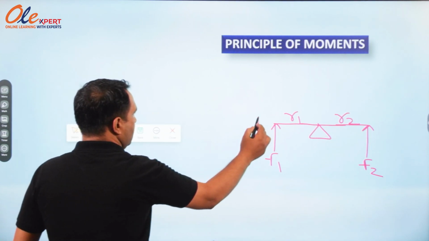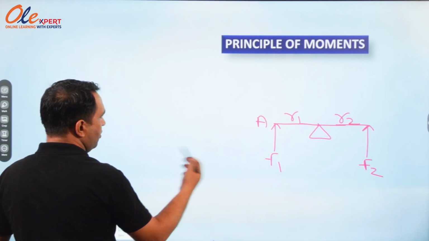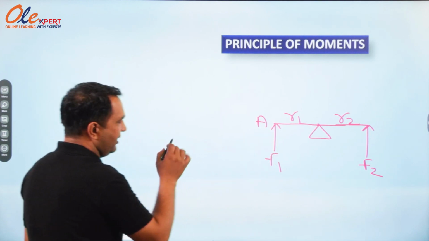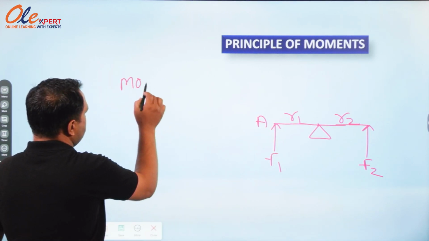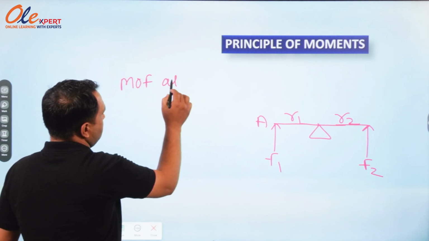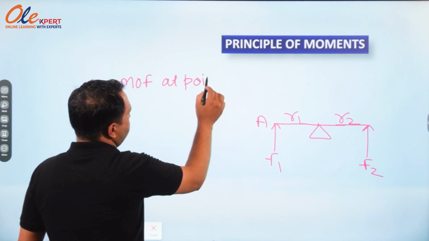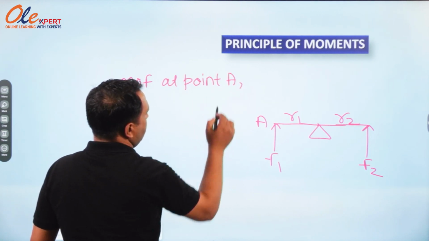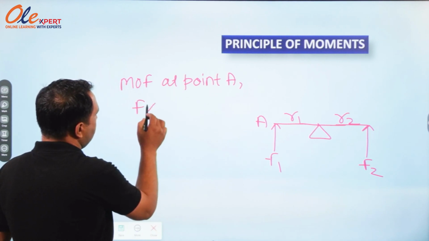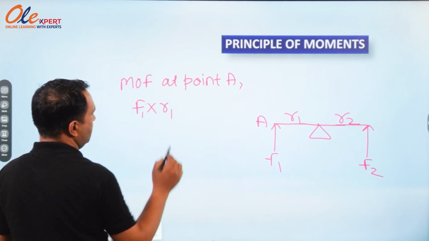Now, moment of force at point A will be F1 into R1, right?